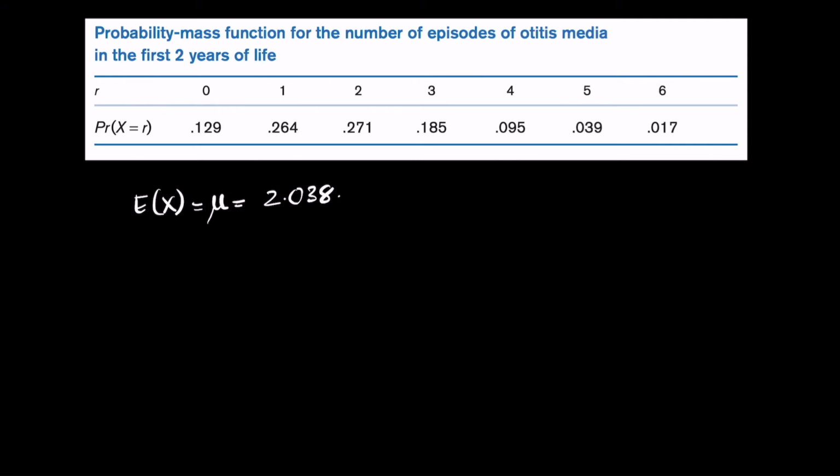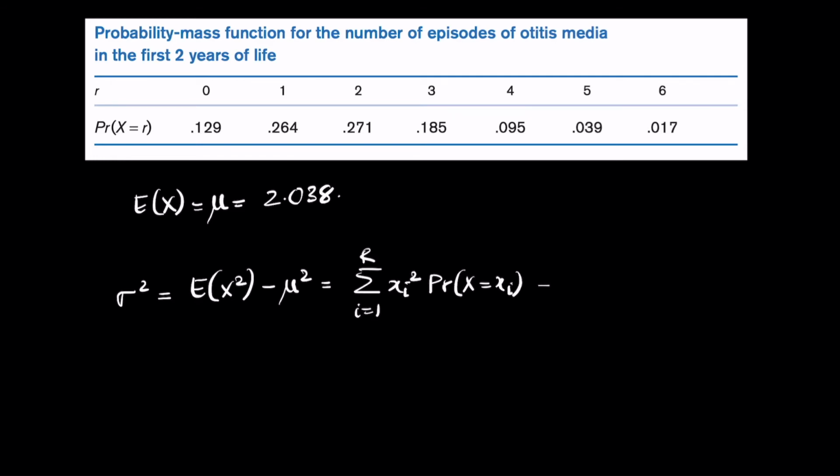So when you want to find sigma square, it is E of x square minus mu square. E of x square can be written as sigma i equal to 1 to r, xi square times the probability of x equal to xi. We already know the value of mu from the previous problem. Now we want to know this value. How would you calculate it? For this, let's construct a small table.